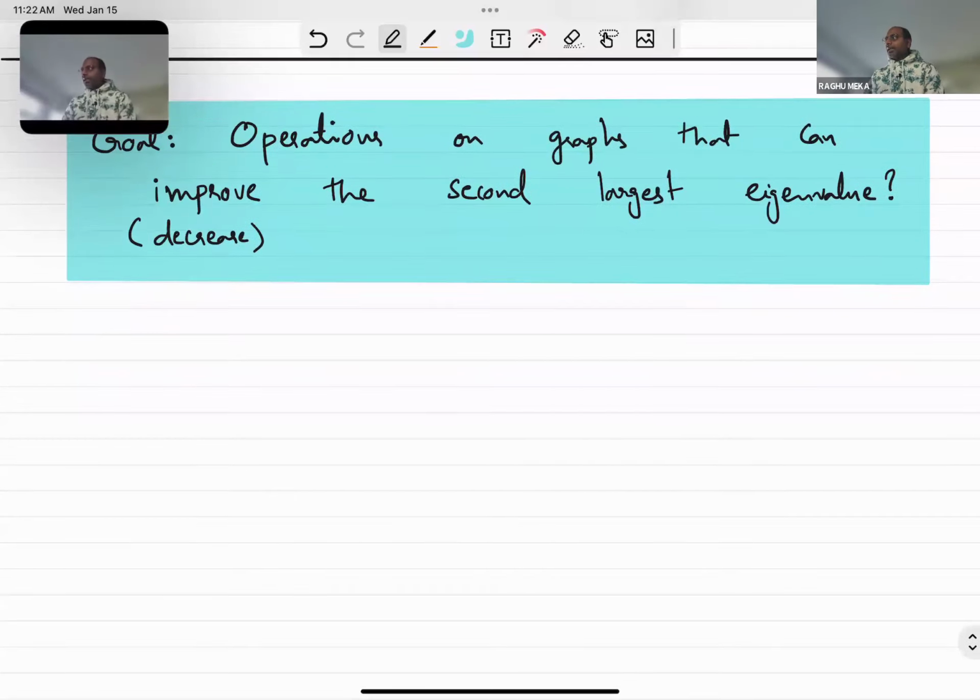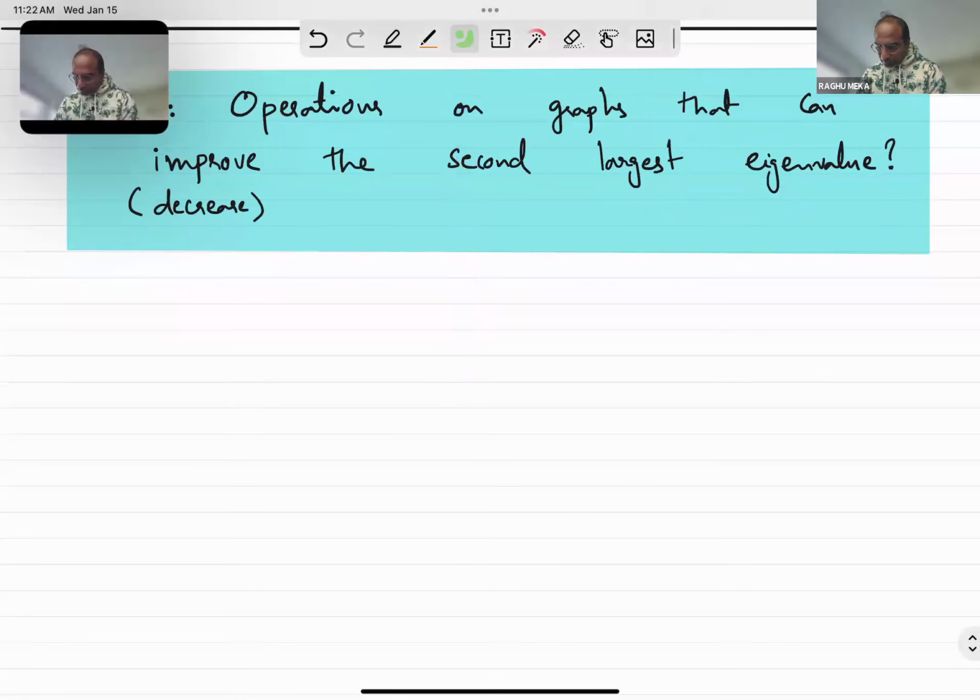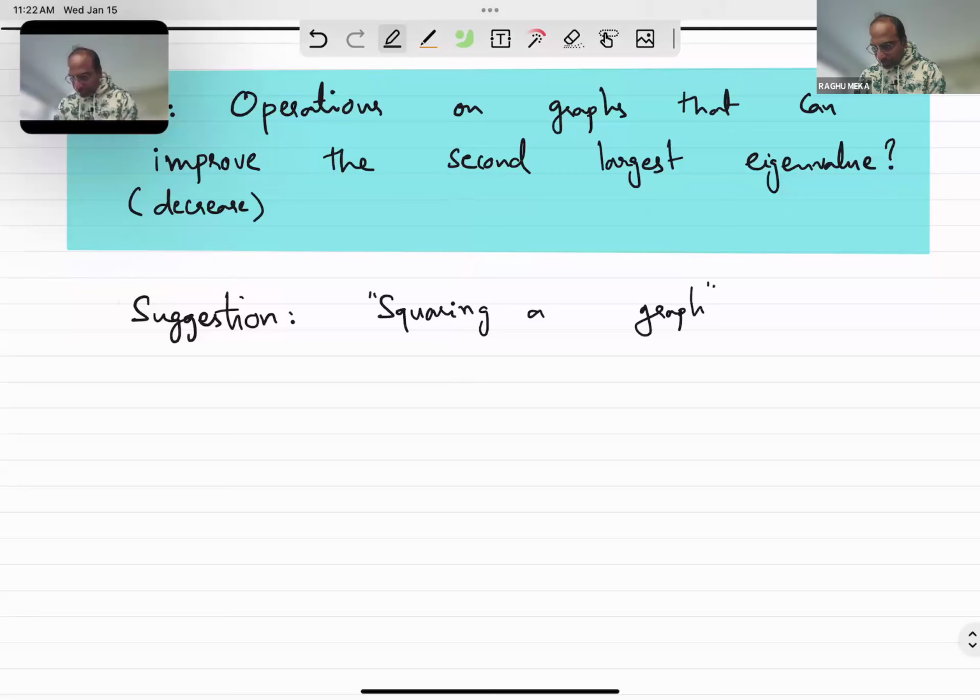Okay, and so Alan is suggesting here, in fact, there is one such natural operation, which is squaring a graph. So let me talk about that. So suggestion: squaring a graph.